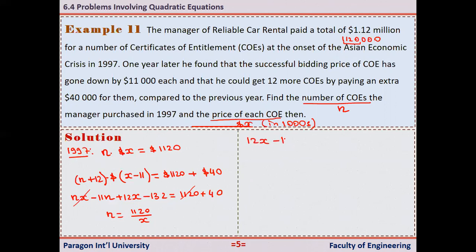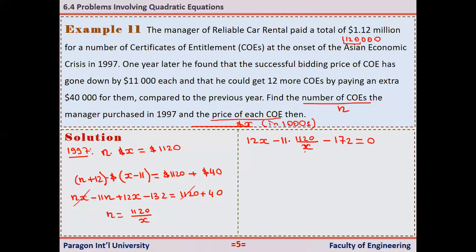And minus 11 times n. What is n? 1120 over x. Take this 40 to the left-hand side: minus 132 minus 40 is minus 172, equal to 0.